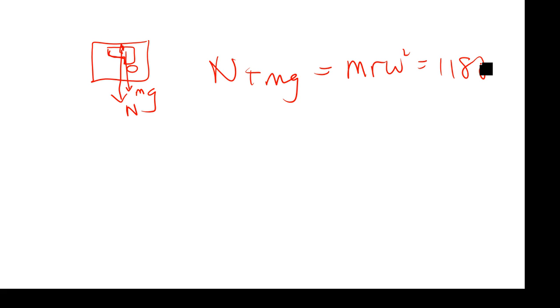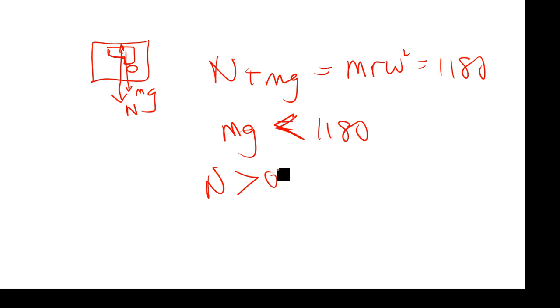So what you then need to do is calculate the value of mg. The value of mg you realize is smaller than 1180, which means that N must be bigger than 0, which then explains why the man remains in contact.